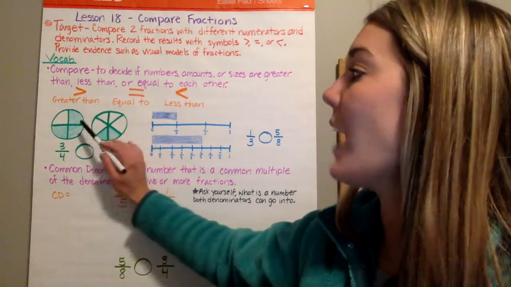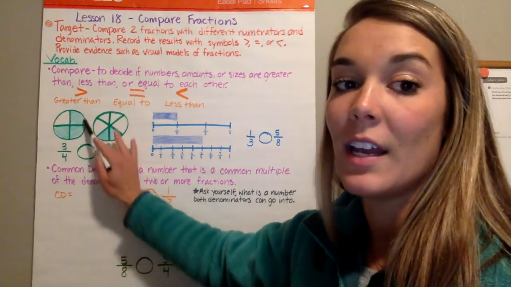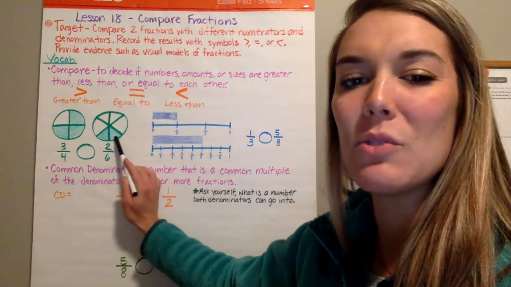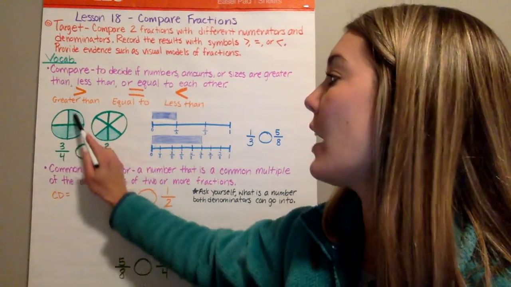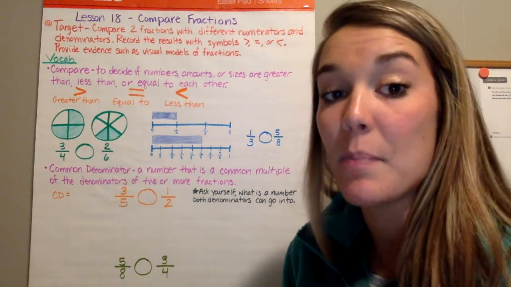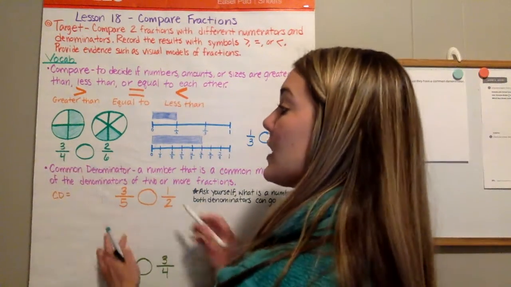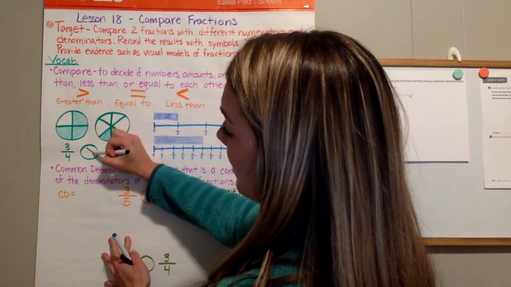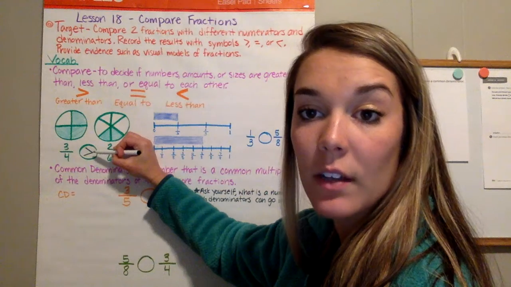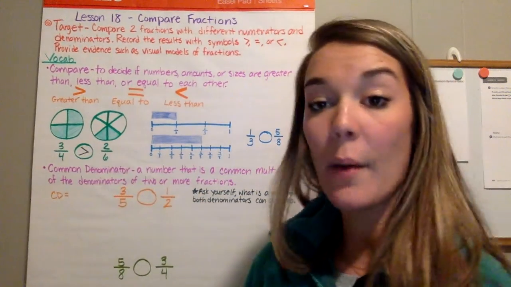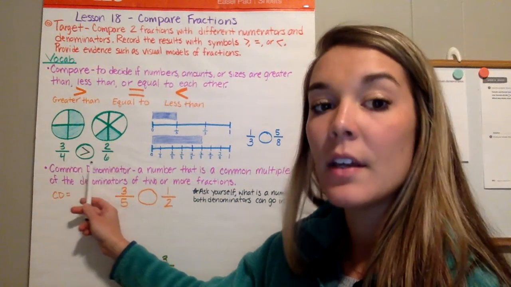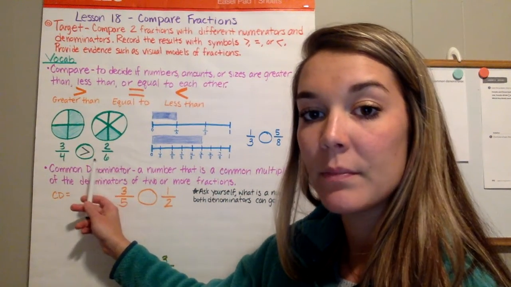So when I look, I notice 3/4 is shaded more than 2/6, right? This amount of 2/6 looks smaller than 3/4. I think I definitely know that for sure, and it's pretty safe to say I can compare those. So since 3/4 is greater, my greater than sign is going to be eating that big number because he's so hungry, right? So if I were to read this comparison, I would say 3/4 is greater than 2/6, okay?